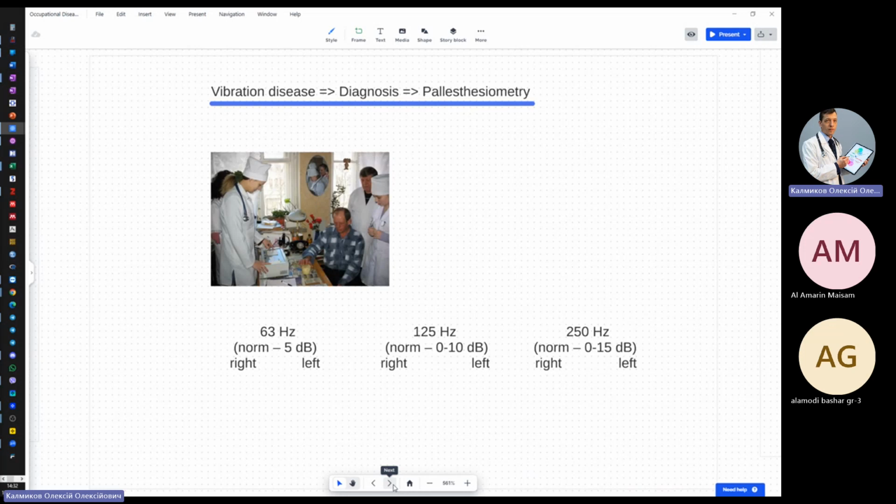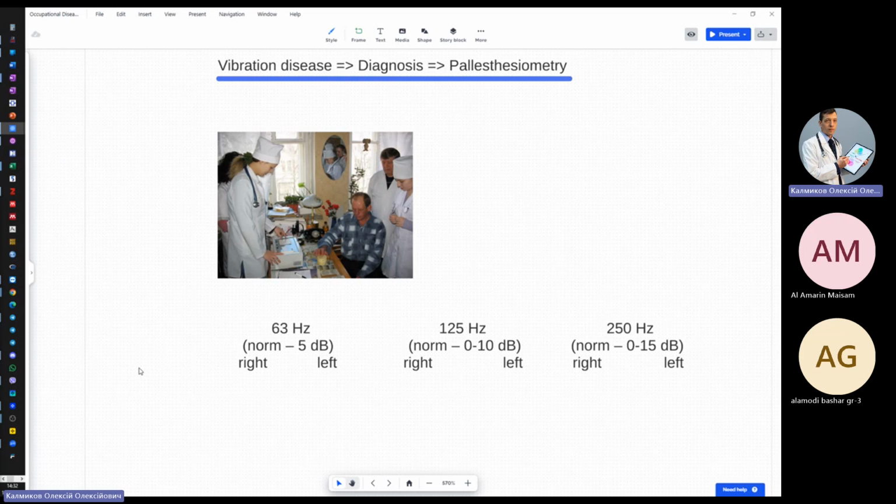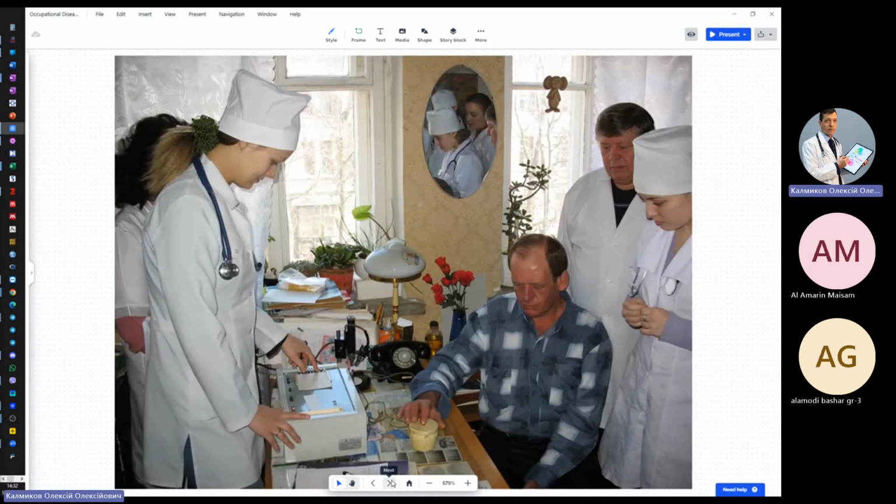The next, and very significant as well, investigation is pallesthesiometry. It's a measuring of hand palmar sensitivity. I'll show you now, a wide zoom in the photo.